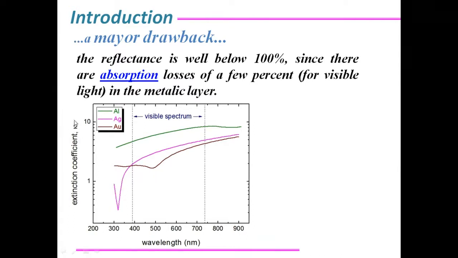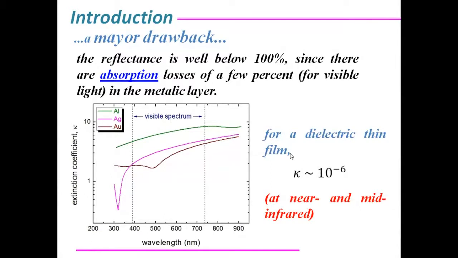Just recall that this is the imaginary part of the complex refractive index of the material, for three different metals: aluminum, silver, and gold. Remember that for a dielectric thin film, this kappa is 7 orders of magnitude less than for a metal. This is for the near infrared, and so on.